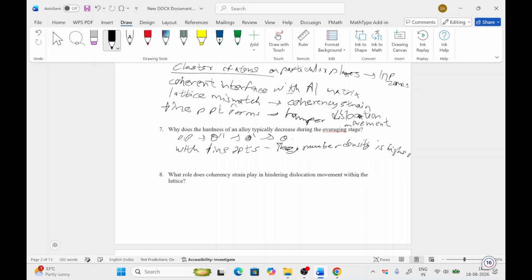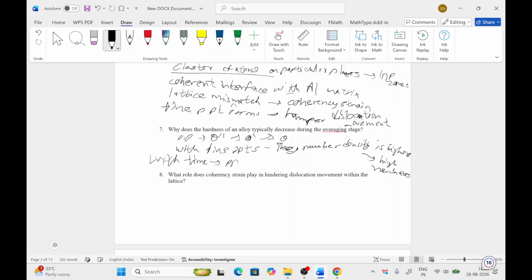Because of the higher density of small fine precipitates, dislocation motion is hindered to a very high level, and that increases the strength and hardness. So this results in high hardness. But with time, these fine precipitates start to collapse and form coarser precipitates.